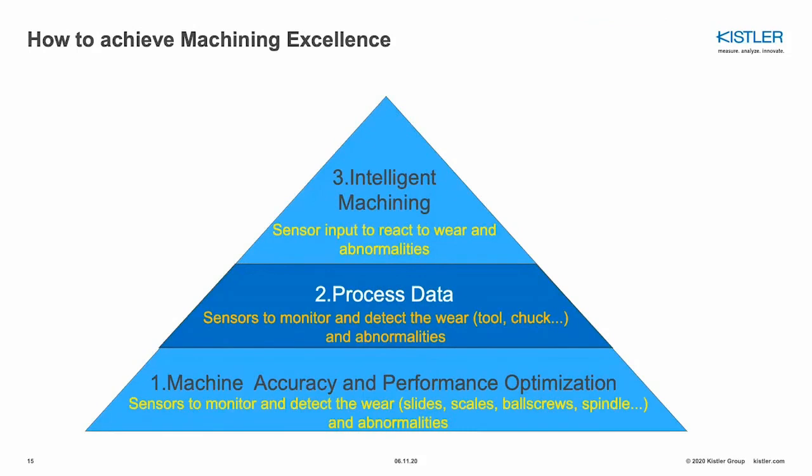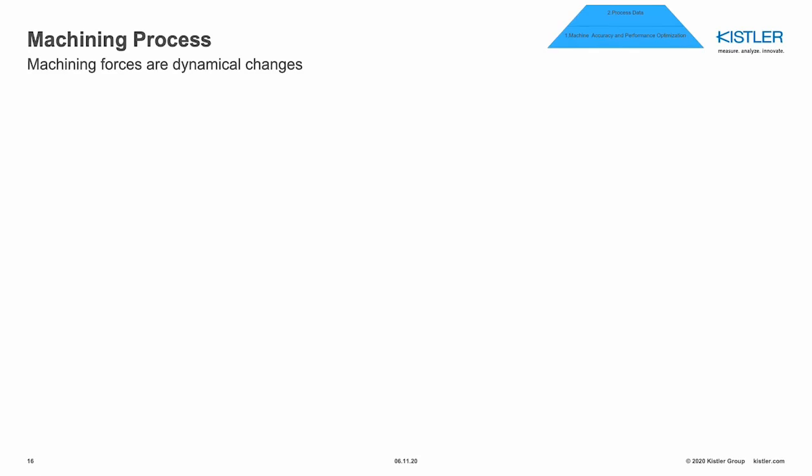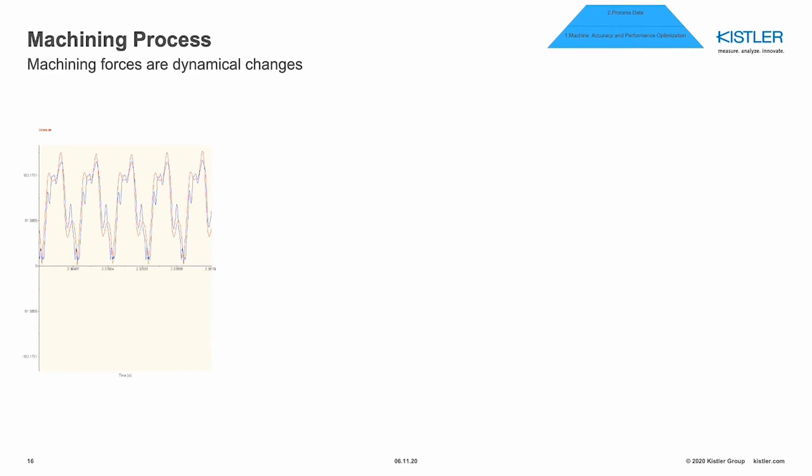Let's now talk about the second step in the machining excellence pyramid, and that is the process itself. We are talking about machining and different types of sensors. I will mention a little bit more, but remember that machining forces change dynamically. If you look at, for instance, milling, and you have the right sensor technology, you can really capture, in this case milling with 4 inserts, what's happening around the inserts.